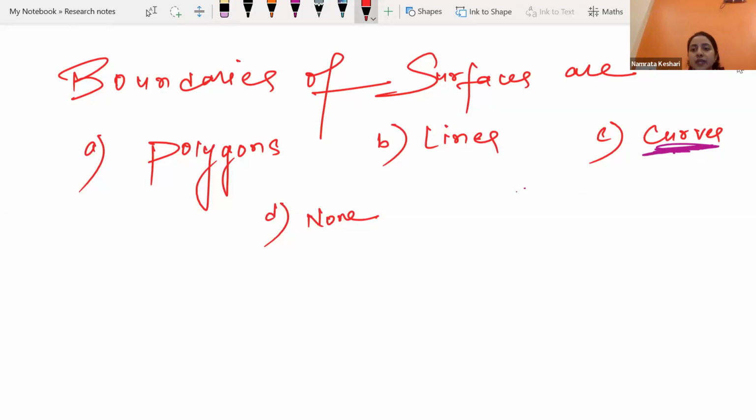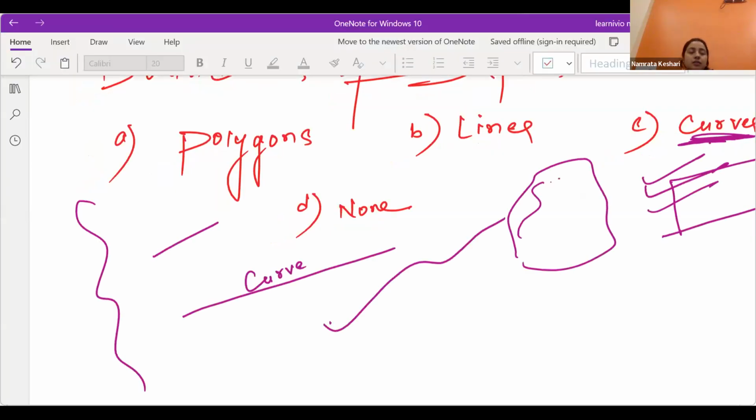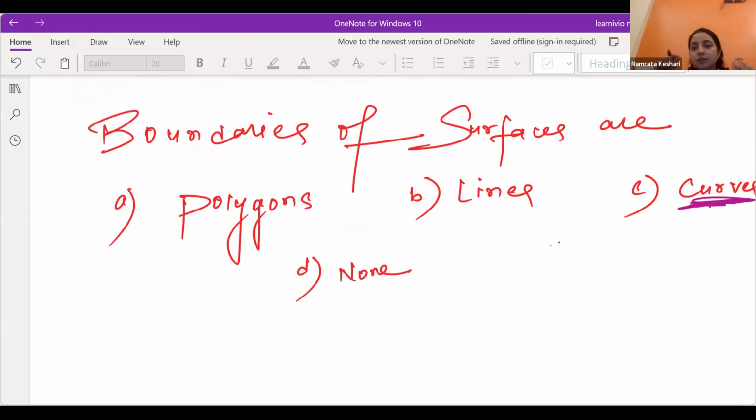When I explained Euclid's geometry, I must have given the definition that one day we have a thread, another day a piece of cloth. So that's a surface for us, yes or no? Yes, ma'am. That's a surface for us, and that surface is made up of curves.